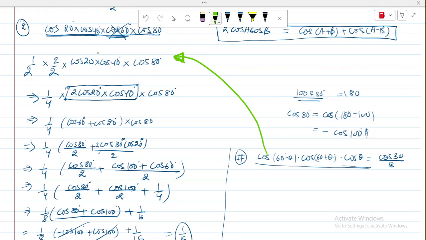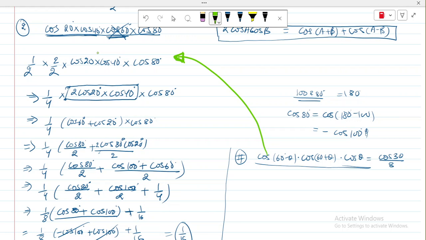So you can write pi by 3 minus 2 pi by 7, so it becomes pi by 21. We don't have pi by 21, no? So we can't apply this thing here.